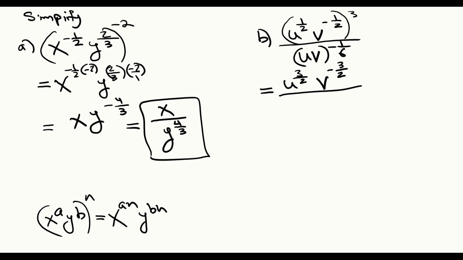So using a similar rule to this, we're going to go ahead and apply the power to each of these factors. So we're going to get u to the -1/6, v to the -1/6, and of course now we can go ahead and apply the quotient rule to the u terms, factors, I should say.